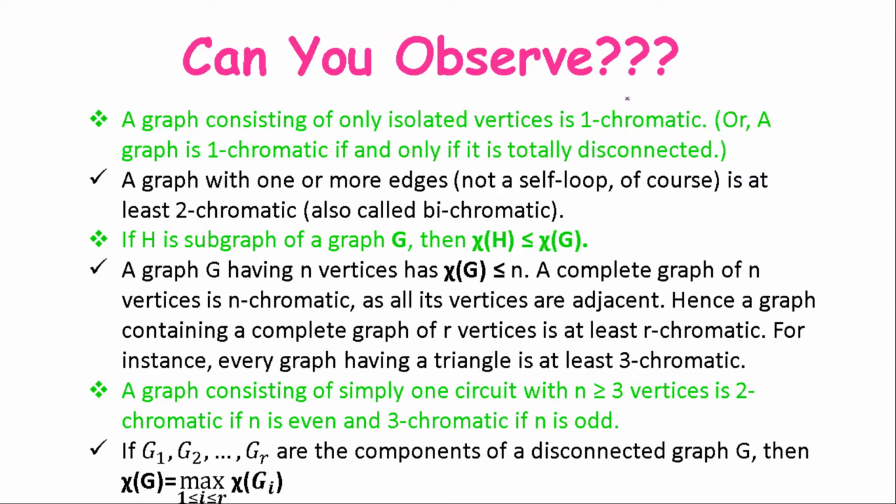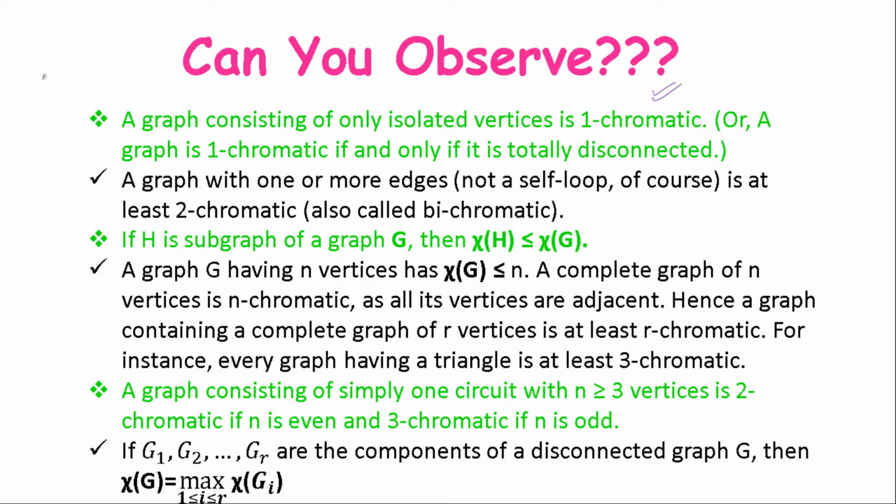Now some observations. A graph consisting of only isolated vertices is one chromatic. As the graph is isolated, there won't be any edges between any two vertices. That simply means you can color each vertex of the graph with the same color, as this won't violate your condition, right? And the second part: a graph with one or more edges is at least two chromatic.